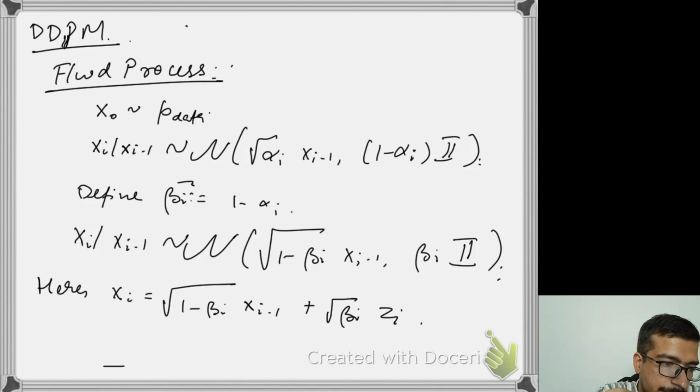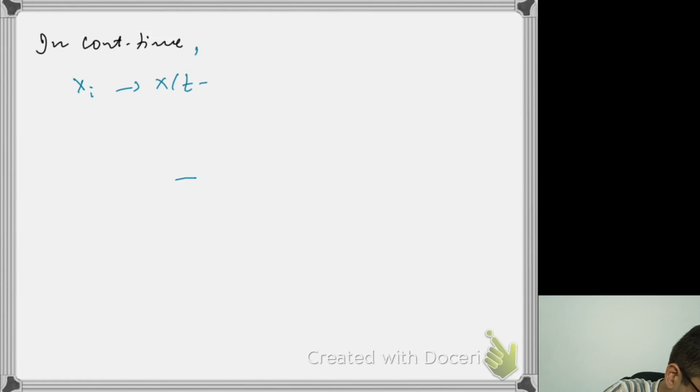Now let's move to continuous time. How does this process look in continuous time? In continuous time, I'm going to replace xi by x of t plus delta t.